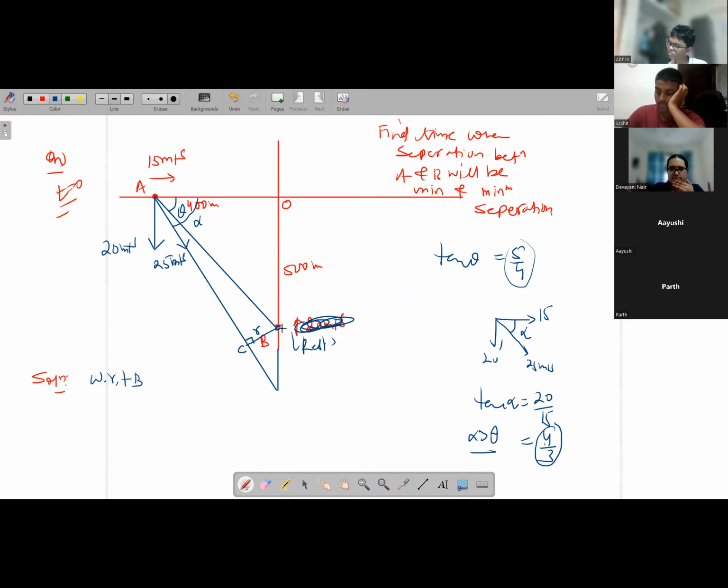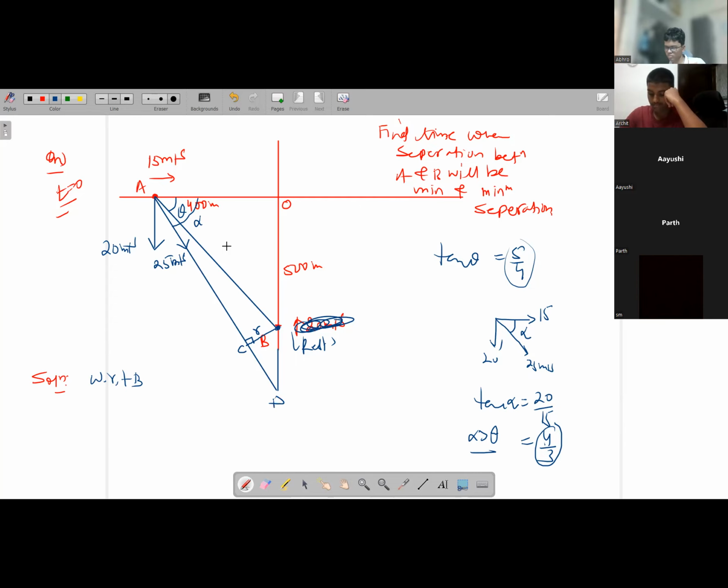See, in this triangle, if you see AO and D, this length is 400 meter, given. This angle is alpha. So you can find this distance. How? If you apply tan alpha, this distance upon 400 is equal to tan alpha.